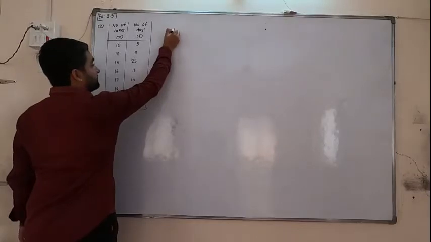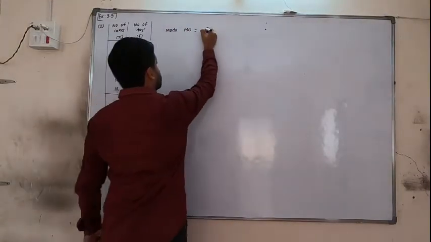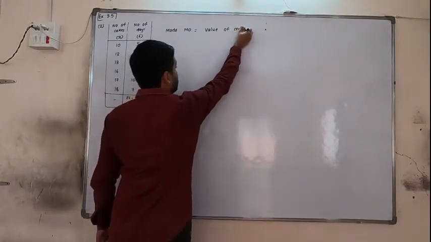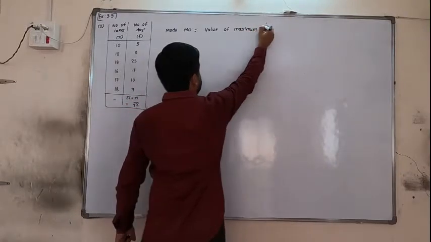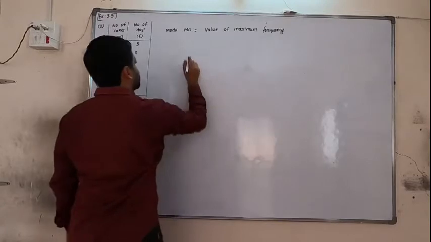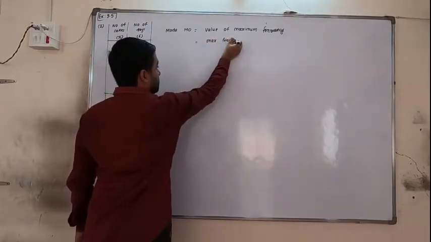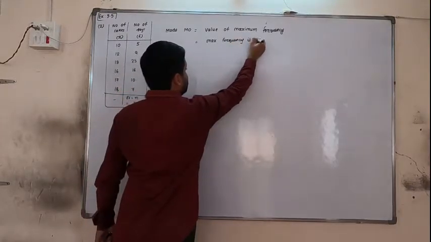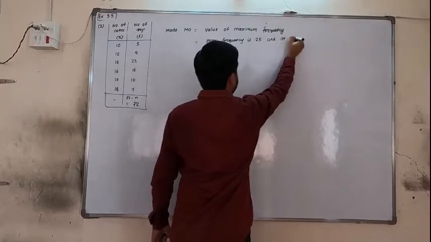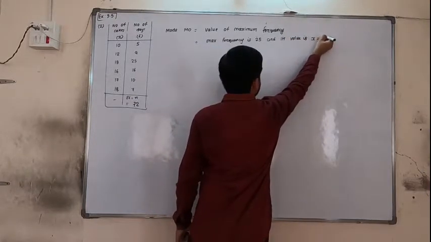So we will write mode MO is equal to the value of maximum frequency. Maximum frequency is 25 and its value is x equals 30.